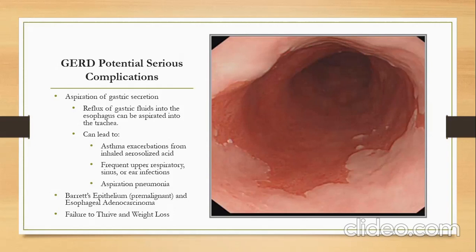All right, GERD, last thing, potential serious complications. Aspiration is always aspiration. We talk about ABCs, airway, breathing, circulation. If I aspirate on my gastric contents, then what's going to happen? I could choke and die. I could get aspiration pneumonia.